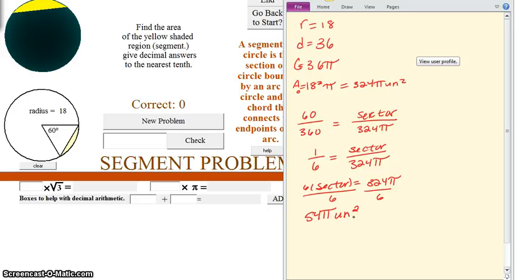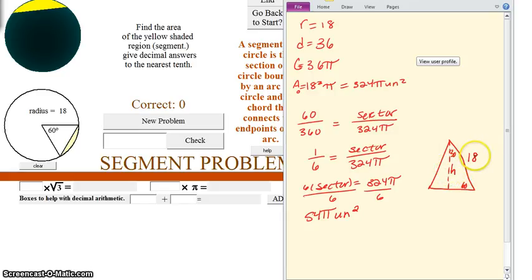And now I need the area of an equilateral triangle with side lengths 18. So this is a 60, this is a 30.